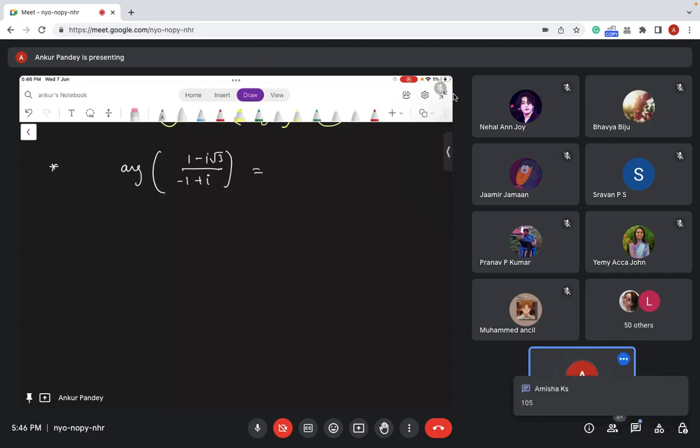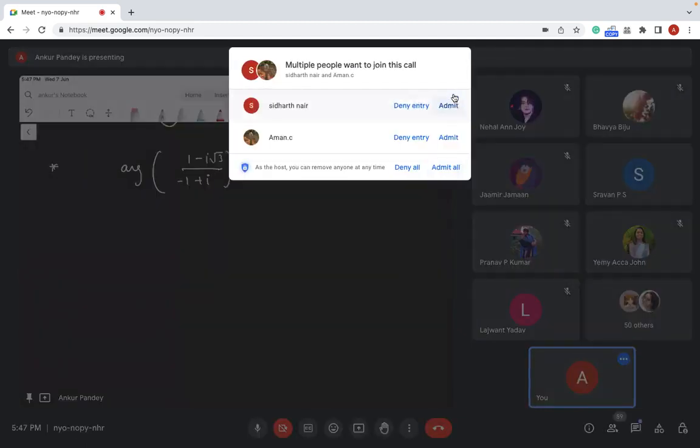Both are possible. 195 is also possible. Sir, minus 5 pi by 12. Minus 5 pi by 12. Good.